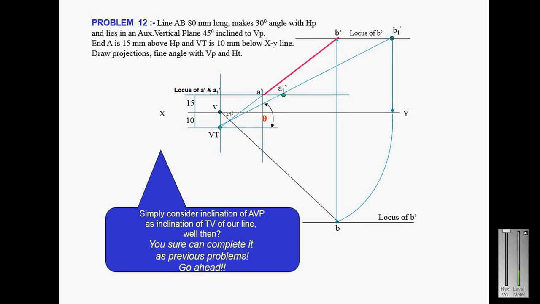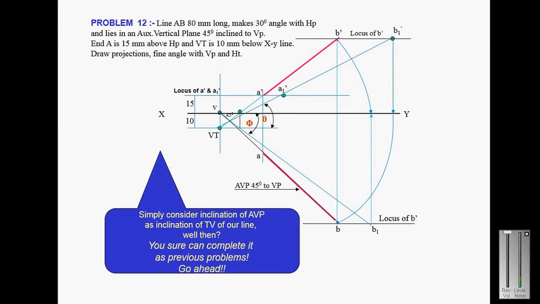After that I project the point A dash and I will get the point A, and AB will be the top view. When I rotate the point B dash and project it to the second locus, that point is called B1. And we know that the auxiliary vertical plane is 45 degrees to the VP.